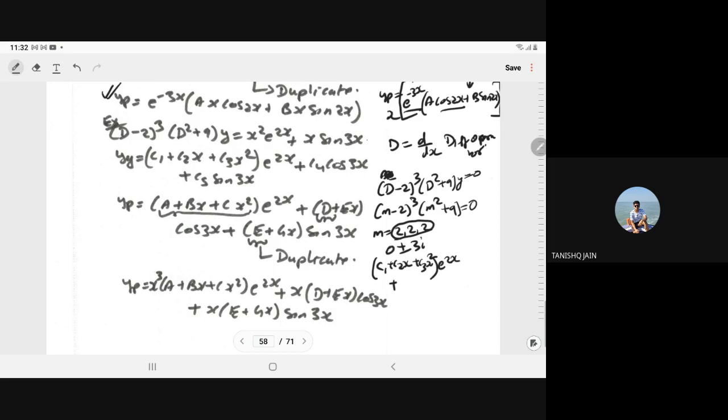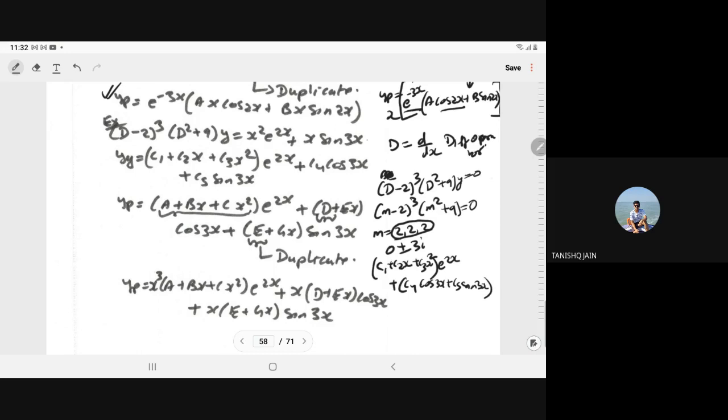So it will become e to power ax (c1 cos bx plus c2 sin bx), right? Here c1, c2, c3 are used, so c4 cos 3x plus c5 sin 3x.